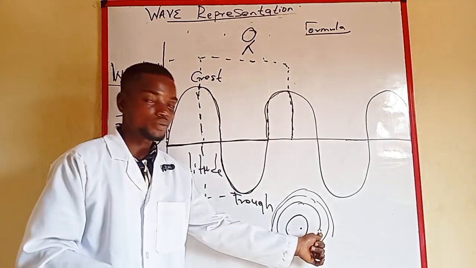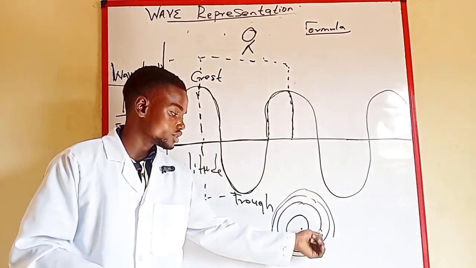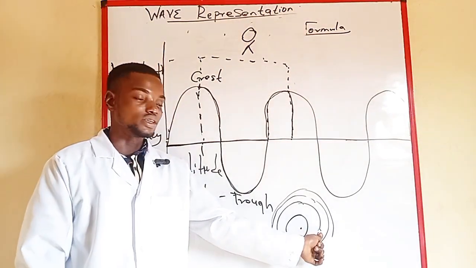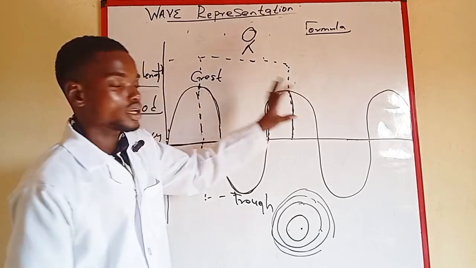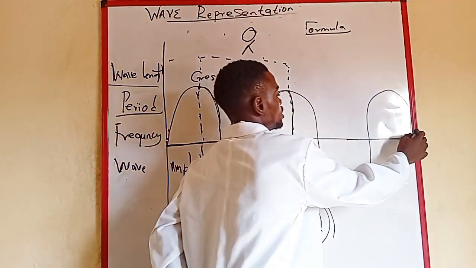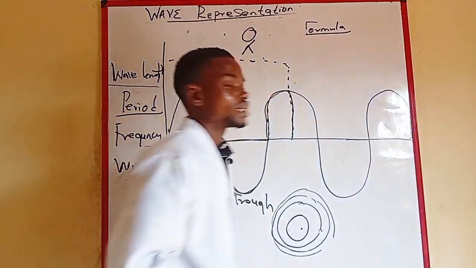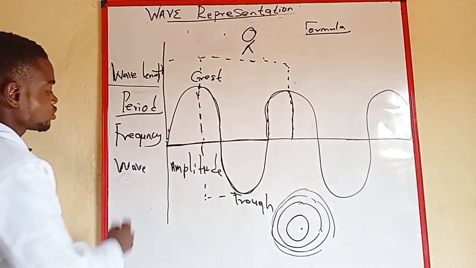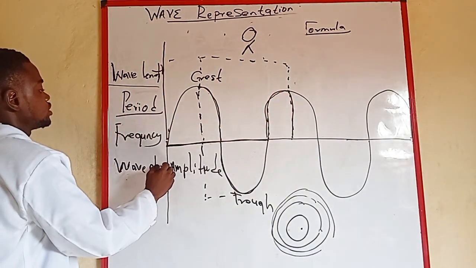So this is where the wave was when the person saw it. That time that the person saw it becomes the wave phase. So in our wave diagram, we can say that this juncture here is going to be the wave phase, because this is where the wave is as we are looking at it.